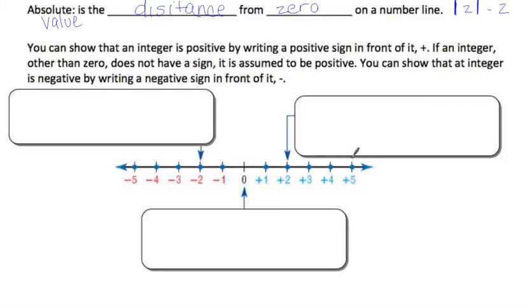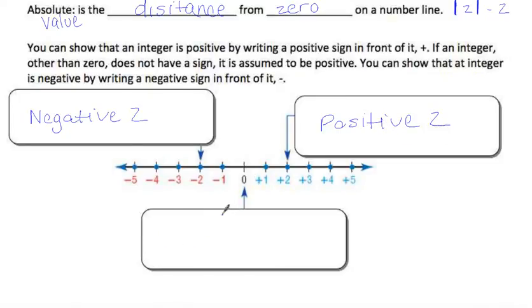So we've always been working with positive numbers. We just never really referred to them as positive. You can also show that an integer is negative by writing a negative sign in front of it. So this 2 right here is a negative 2, and this 2 here is a positive 2. And this right here is 0.